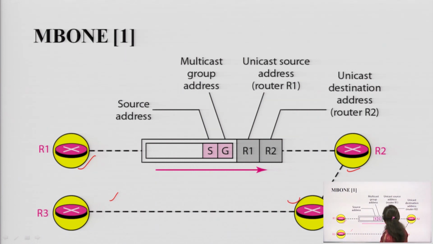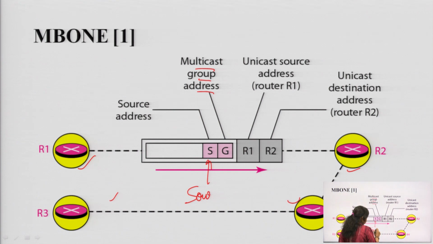In this case, you can see that this consists of the multicast group address, and this consists of the source address. So, this is the source address to which particular data has to be delivered. This is the multicast group address, denoted by G.